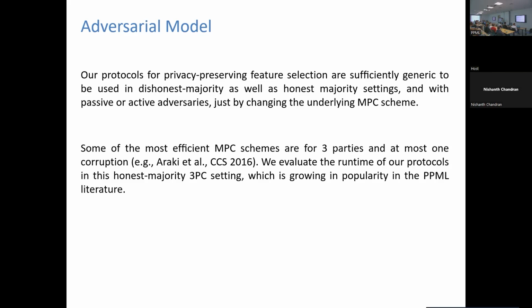For semi-honest adversaries, we consider the protocol by Araki et al., one of the fastest MPC protocols for semi-honest from CCS 2016. It essentially assumes that you have 3 computing parties, with at most 1 corruption. And this setting is used quite a lot in PPML based on MPC.